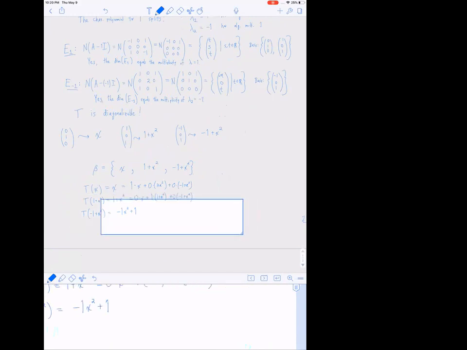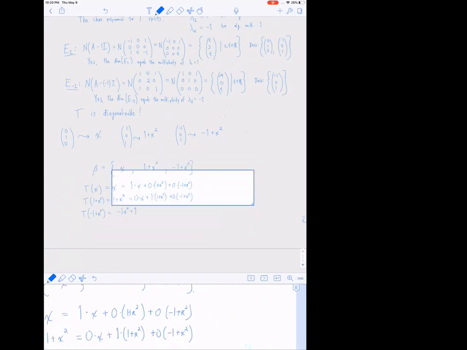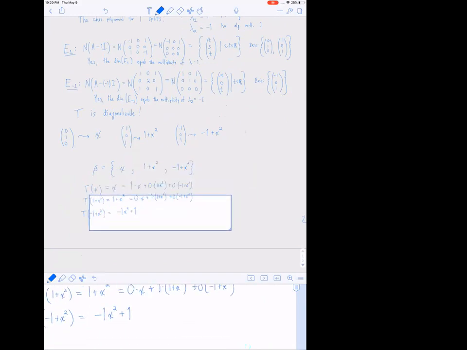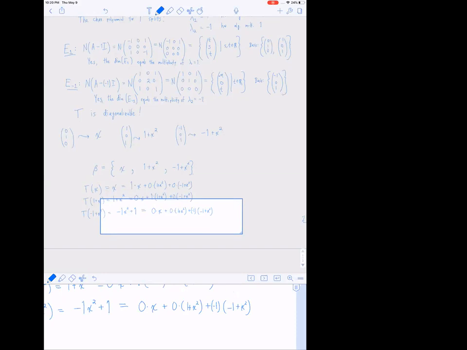And now, that looks an awful lot like that third vector in beta, except differing by a minus sign. So written as a linear combination of the vectors x and 1 plus x squared and minus 1 plus x squared, we should have coefficients 0, 0, and minus 1. So that tells us that the third column of our matrix should be 0, 0, minus 1.